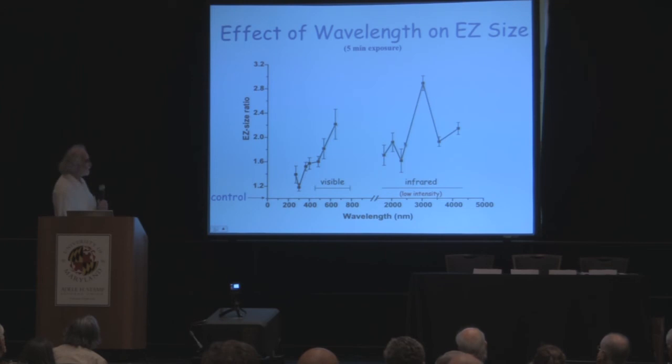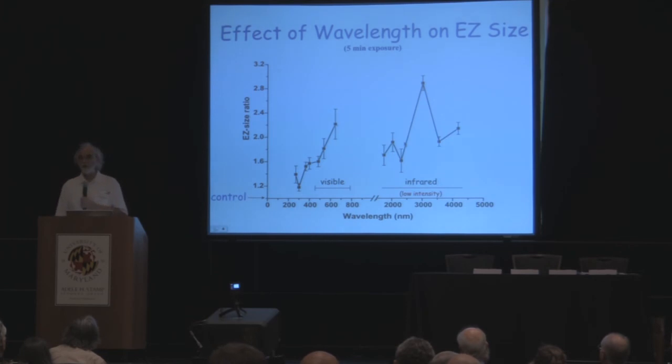So what the result shows is that the light expansion depends on wavelength, and the infrared is particularly important, especially at approximately 3,000 nanometers, or 3 micrometers. And it's well known that 3 micrometers is exactly the wavelength that's most absorbed by water. So the wavelength that's most absorbed by the water is the wavelength that expands the exclusion zone the most.